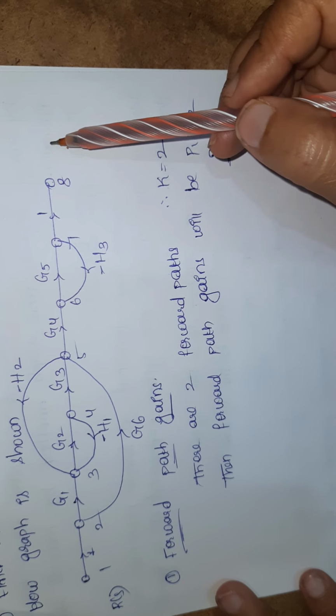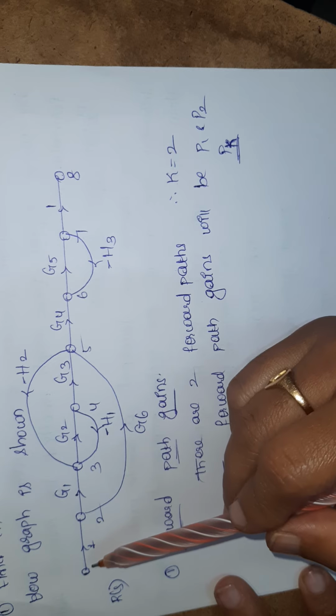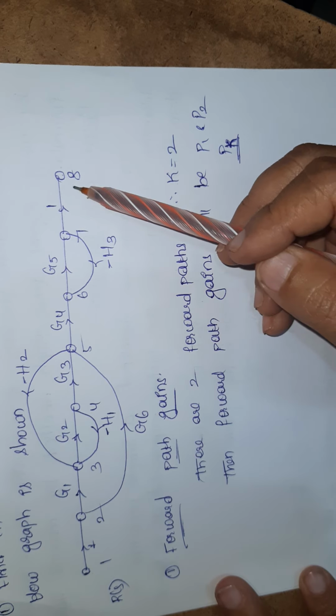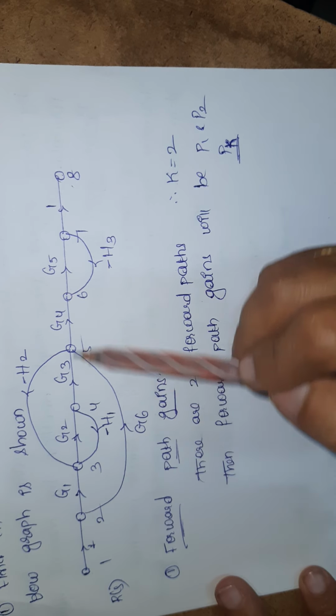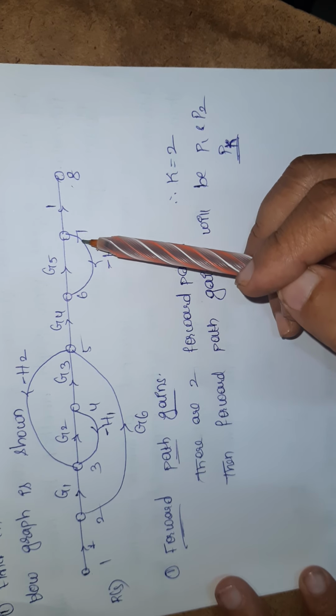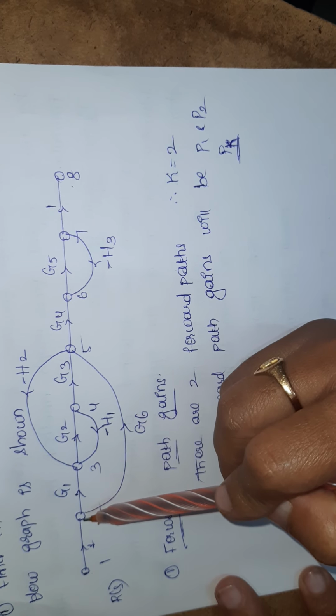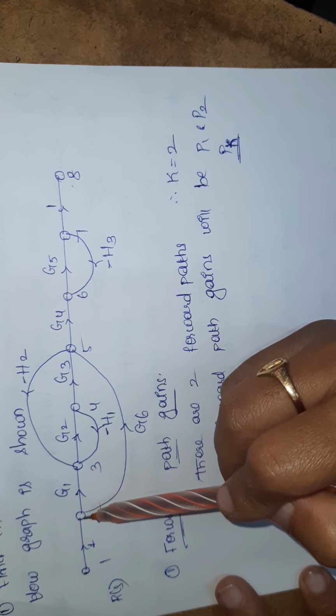Now, how many forward paths are there? A forward path is from the source node to the sink node, a path without touching a node two times. No node should be touched twice.